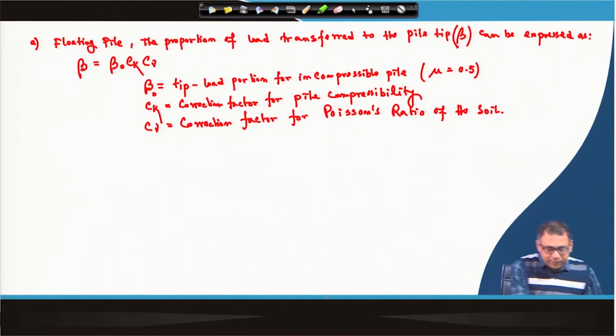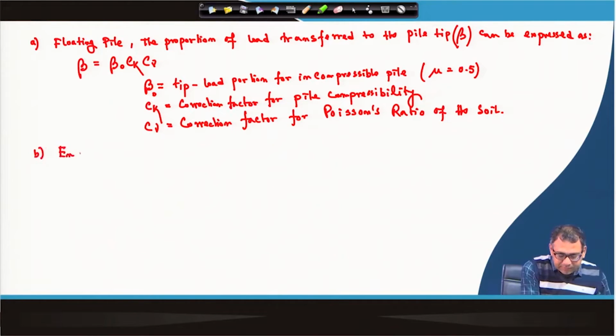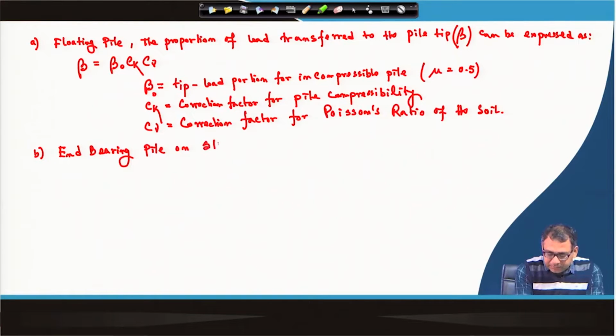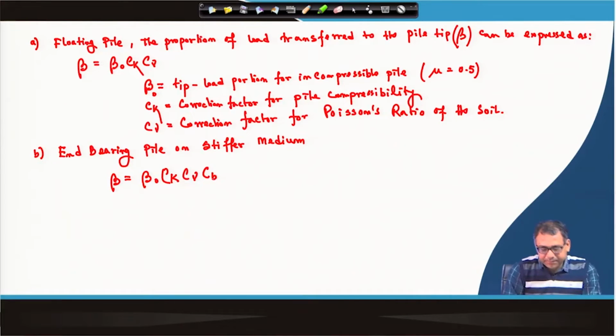So, this is for the floating pile. Similarly, for the end bearing pile on stiffer material or stiffer medium, then the beta is equal to beta 0 C k, then C nu and C b.